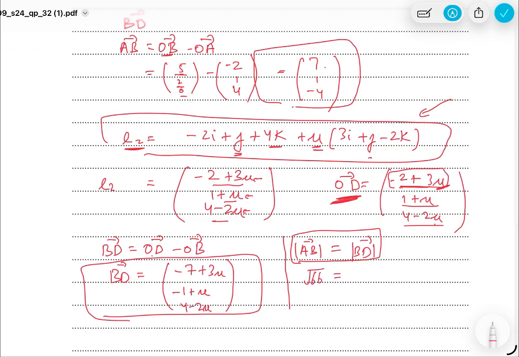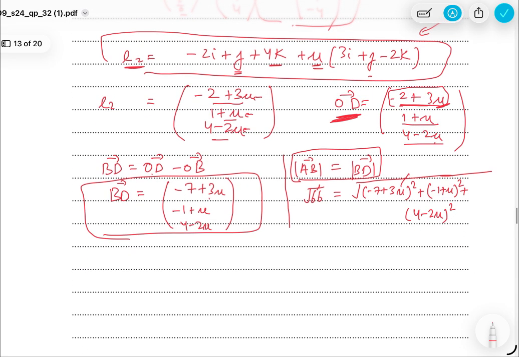Agreed? And what would be the magnitude for this one? Square root of this square plus this square and plus 4 minus 2 mu squared. Can I square both sides and cancel the root? Yes, sir, you can do that.